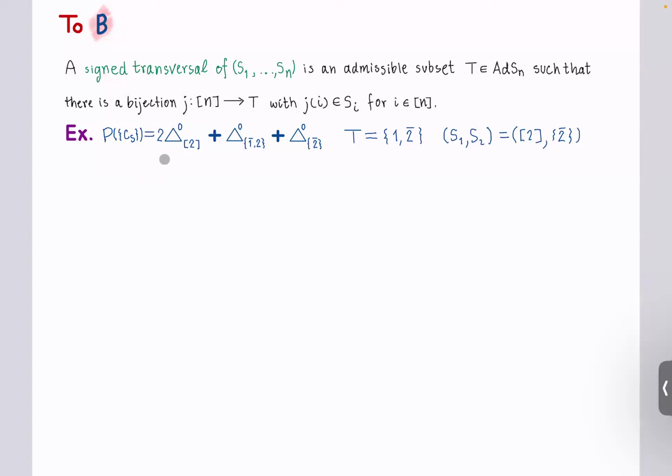So let's see an example. Here's my P_S, and T is this set here, 1 and 2 bar, and you can check that it's a psi transversal of S1, S2, where S1 is this bracket 2 and S2 is this set here, because you can have a bijection: 1 lives in S1 and 2 bar lives in S2.